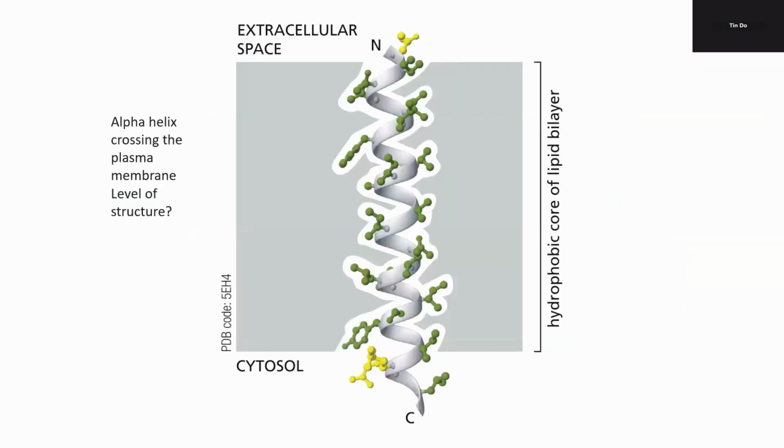Okay. So if we take a look right here on our next slide, we have the alpha helix crossing the plasma membrane. But we see that a lot of the R groups, you have your glycine, you have your phenylalanine, you have your tyrosine, you might have your serine. They're all non-polar. Again, that makes sense.